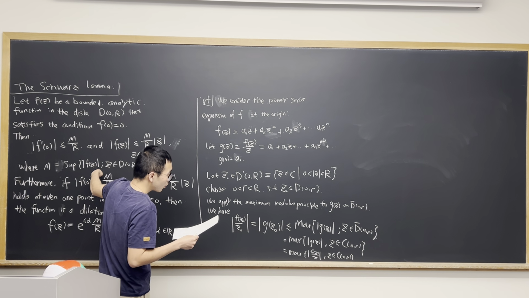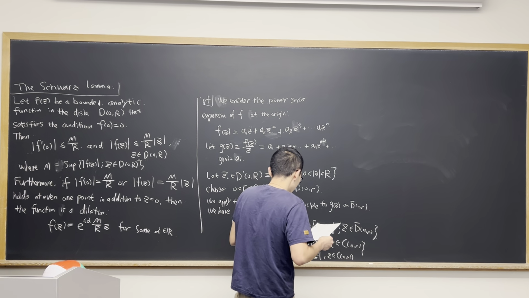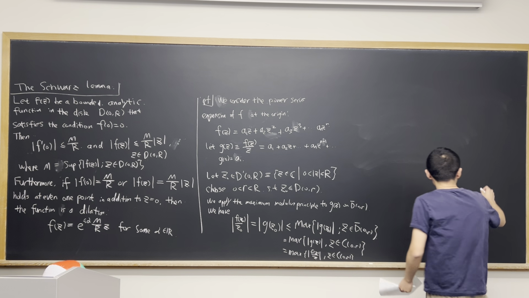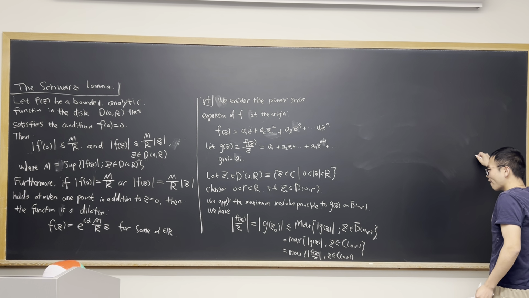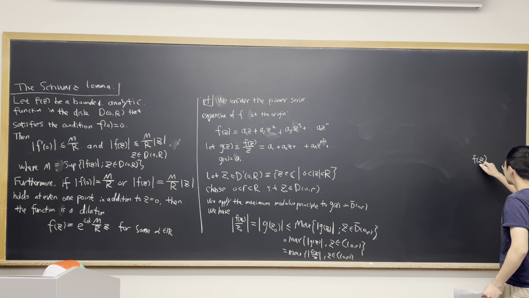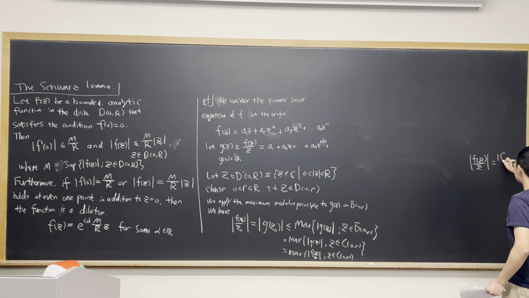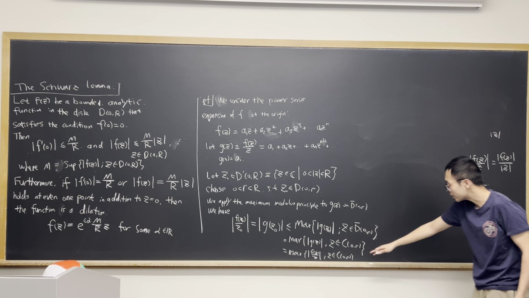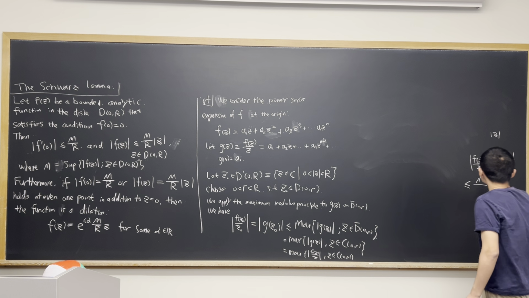So, since this modulus of f(z) over modulus of z is less than or equal to this M over, since we are taking modulus of z to be r, right?